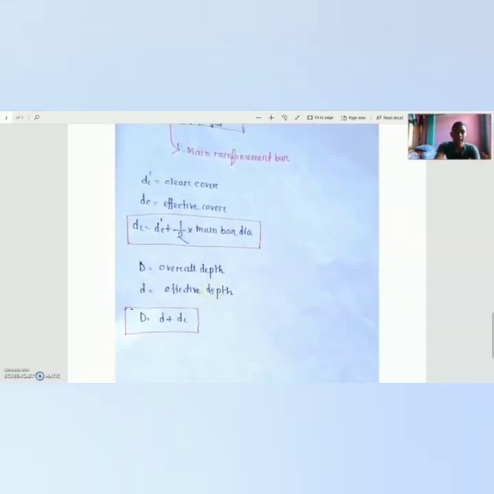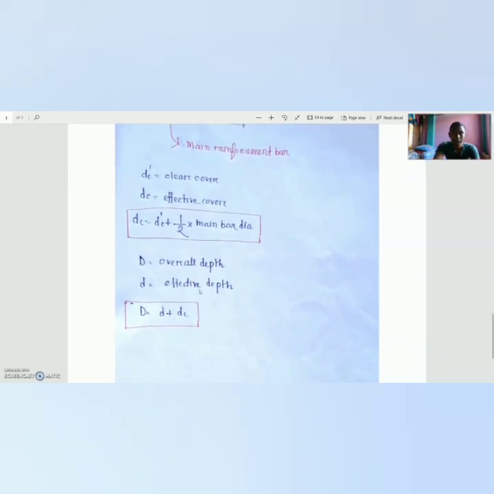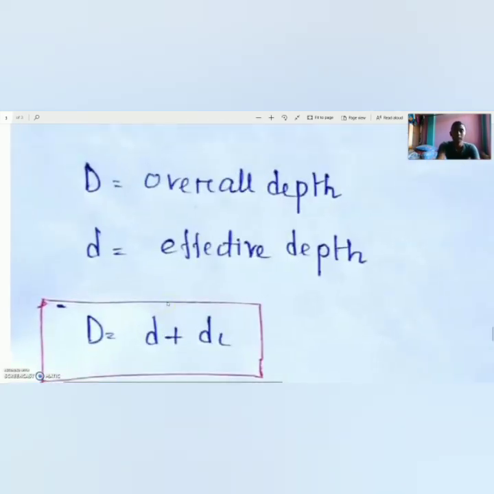Capital D is the overall depth and small d is the effective depth. So capital D equals small d plus dc, that means overall depth equals effective depth plus effective cover. These pieces of information are very essential to know.